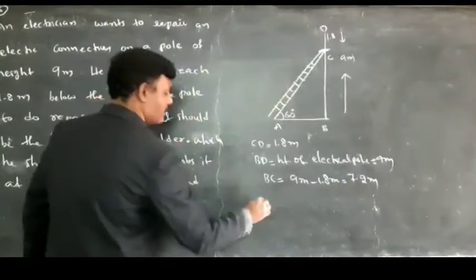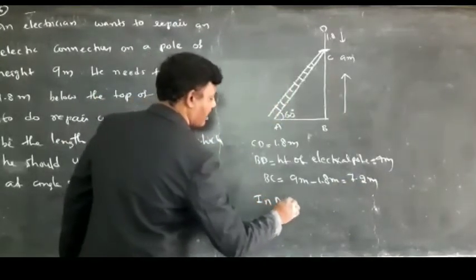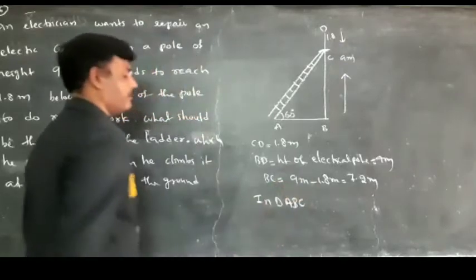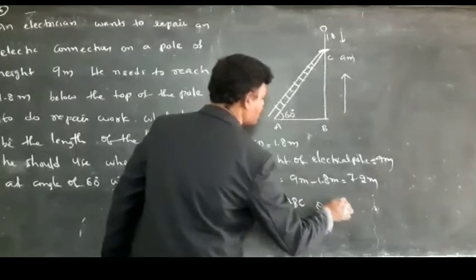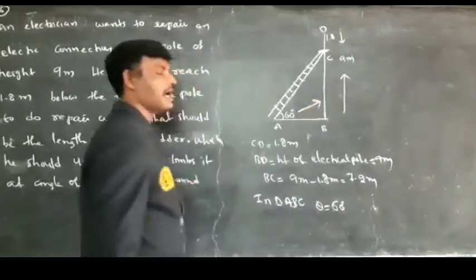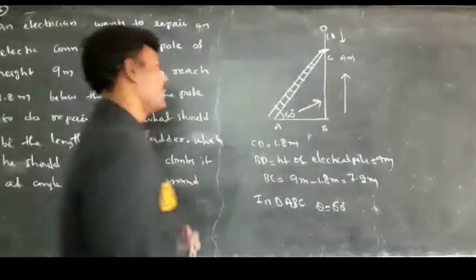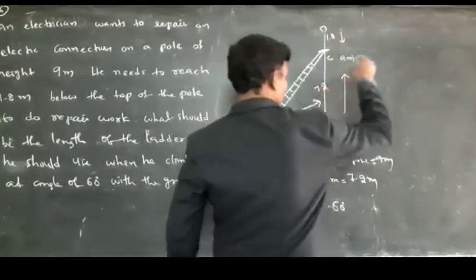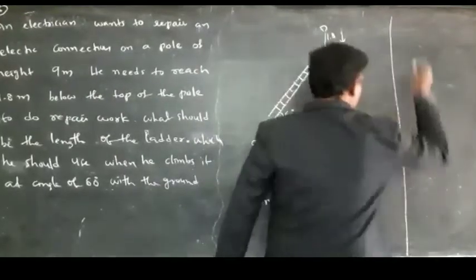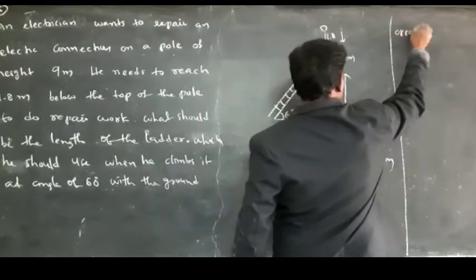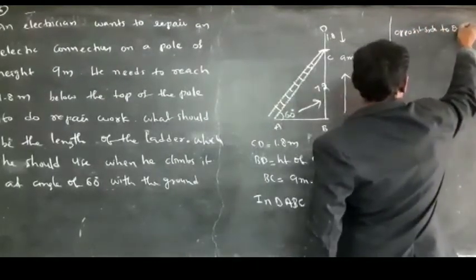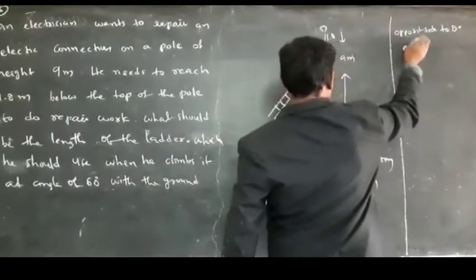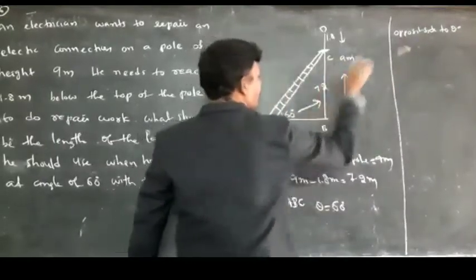Now here in triangle ABC, the angle of elevation theta is equal to 60 degrees. Then what is the opposite side to theta here? BC.